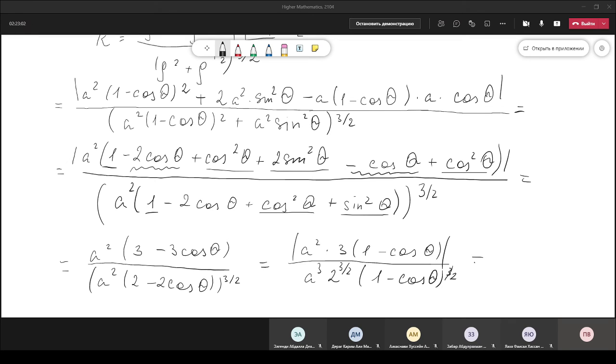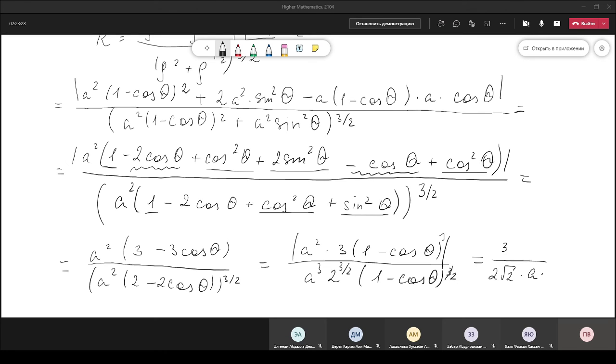And we have a squared over a cubed is 1/a. We have 3/2 root of 2 times a. And then 1 minus cosine theta degree 3/2.